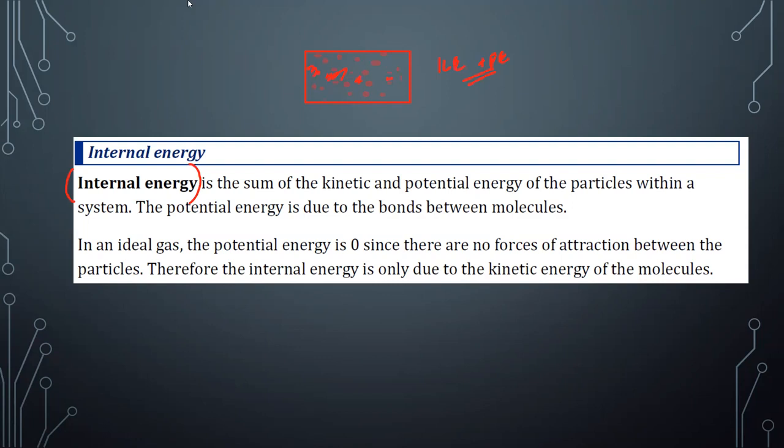In an ideal gas, the potential energy is zero. What is an ideal gas? In an ideal gas, we assume there is no force of attraction between the molecules. In practice there is a force, but in an ideal gas we assume there is none. And number two, the collisions of the particles are perfectly elastic. Elastic collision means the kinetic energy is conserved; the speed at which the particle moves towards the wall and bounces back does not change.